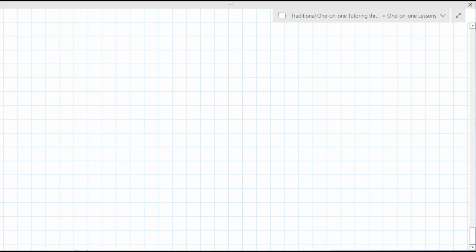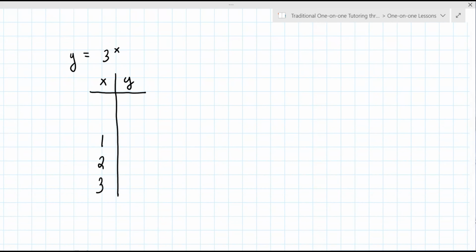All right, now let's make a table. So let's make a table for 3 to the power of x. Okay. So here's x, here's y. I want you to give me the outputs for 1, 2, and 3. So 1 would be 3.